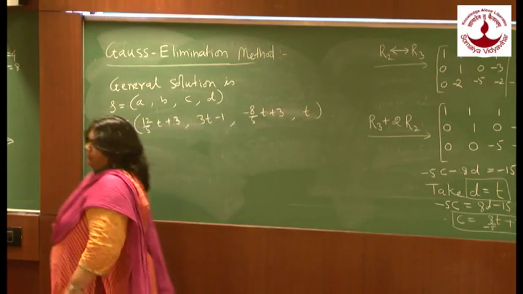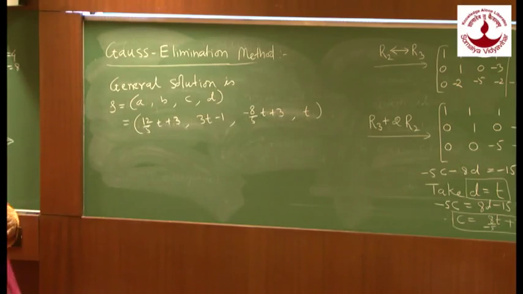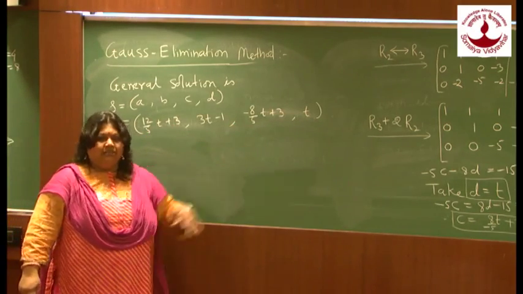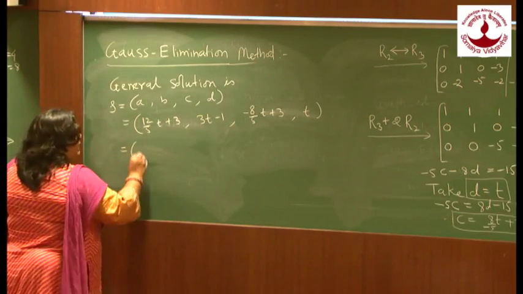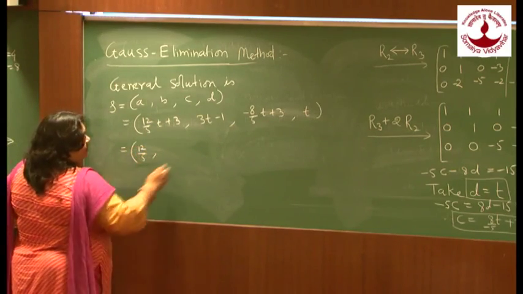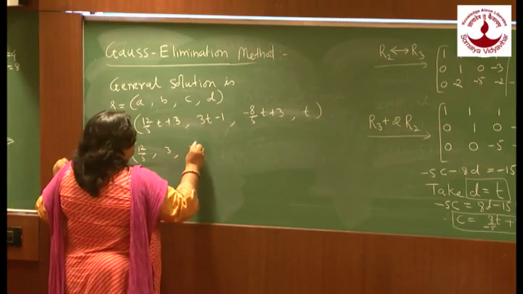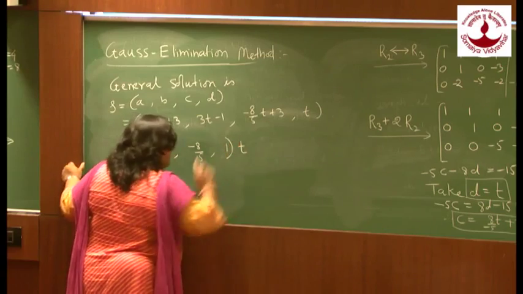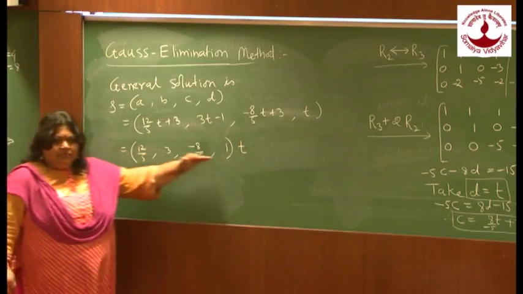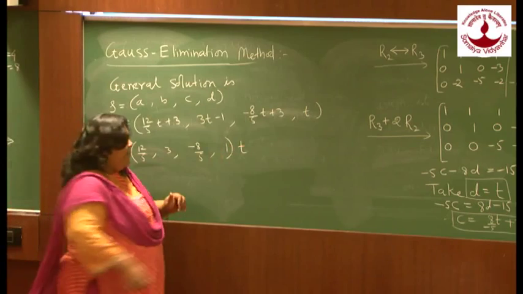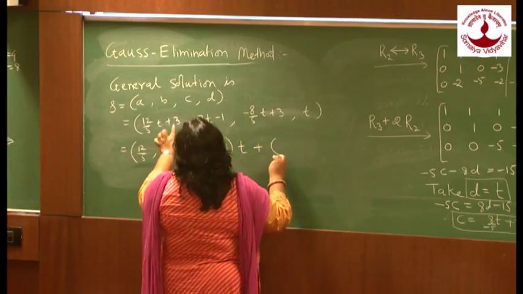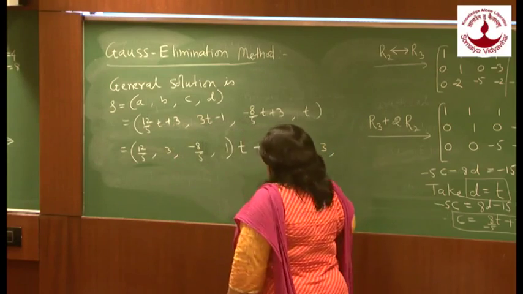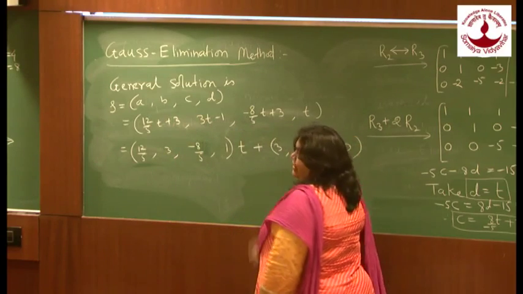We break this into two parts. One is involving the parameter and the other is a constant part. So this will be 12 upon 5, 3, minus 8 upon 5, 1 times t, with t taken common, plus the constant part 2, minus 1, 3, 0.